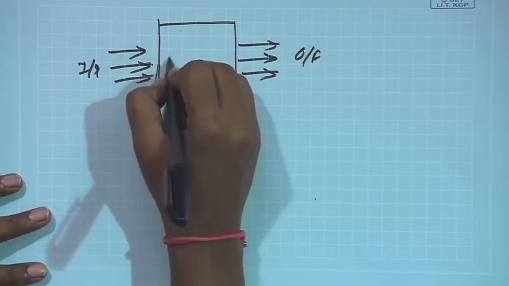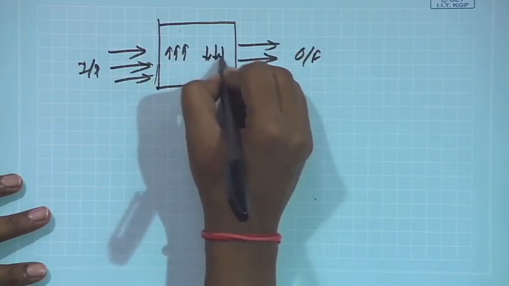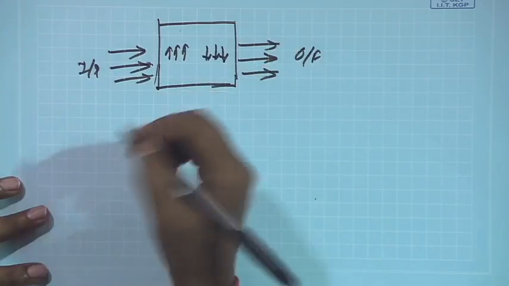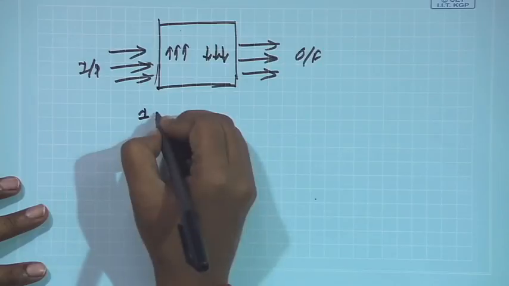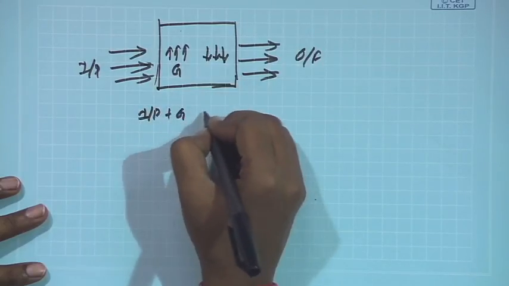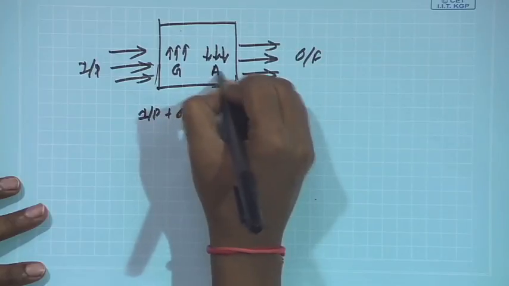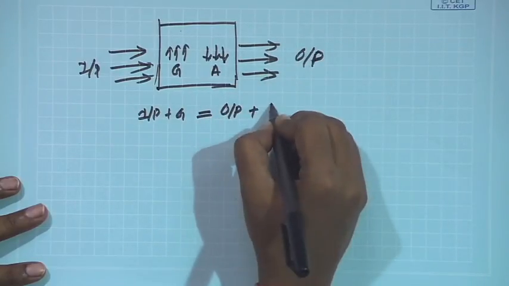There may be some generation inside the boundary and there may be some accumulation inside the boundary. As per the law of material balance, input plus generation must be equal to output plus accumulation.